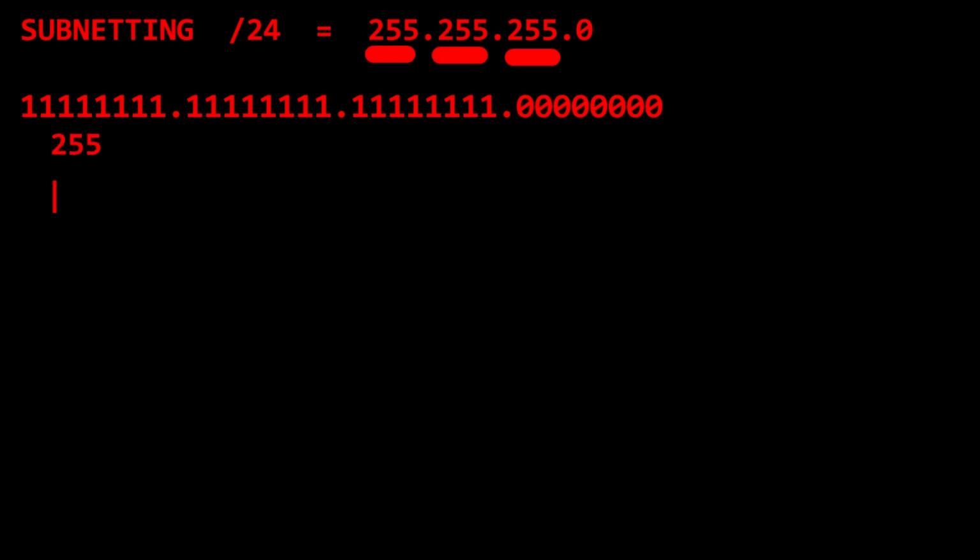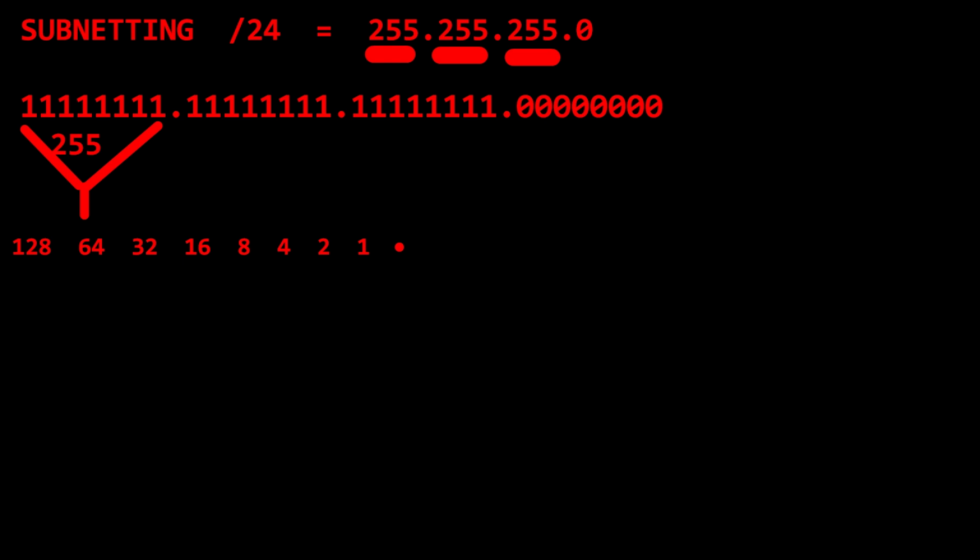Why is that? Because each of the bits in this octet, if added together, equal 255. The values of those 8 bits in each octet are, from left to right: 128, 64, 32, 16, 8, 4, 2, and 1.